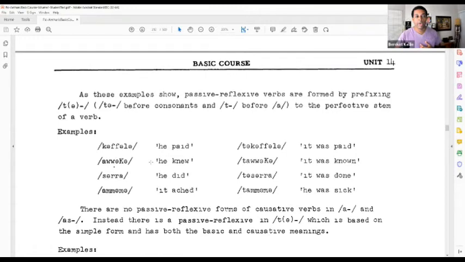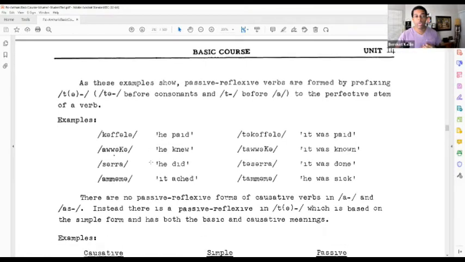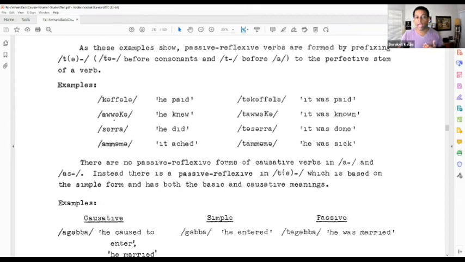Another thing that's important to note is that there are no passive reflexive forms of causative verbs in a or in as. Instead, you just have a passive reflexive in ta, which is based on the simple form and has both the basic and the causative meanings.